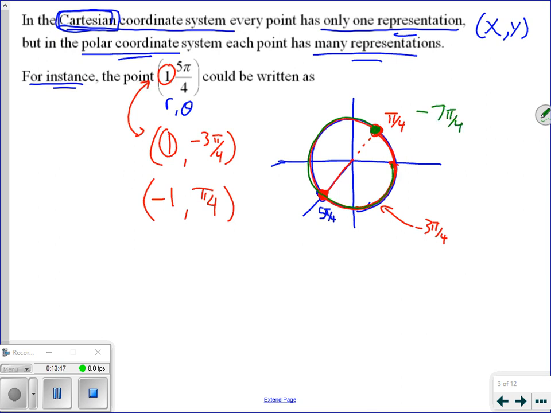That would be me traveling backwards in the negative direction and reaching the same point. So I could also say negative 1, comma, negative 7 pi over 4. Okay. So there's 4 right there. Two of them would get me to this top right corner by traveling backwards with a negative radius, and 2 of them would get me to the actual spot with a positive radius. Okay.